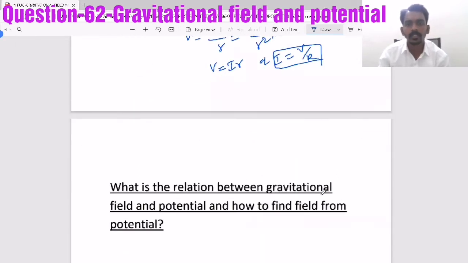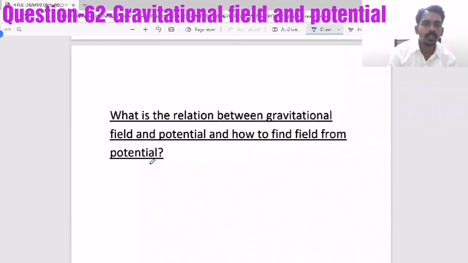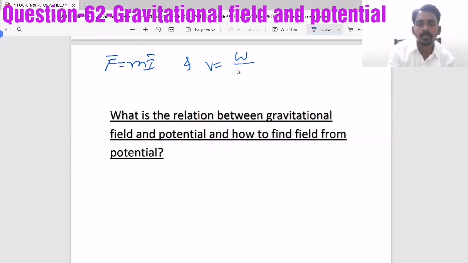Also, there is a general relation between the gravitational field and potential. See here, the gravitational force is F bar equals m into I bar. And the gravitational potential is work done per unit mass.